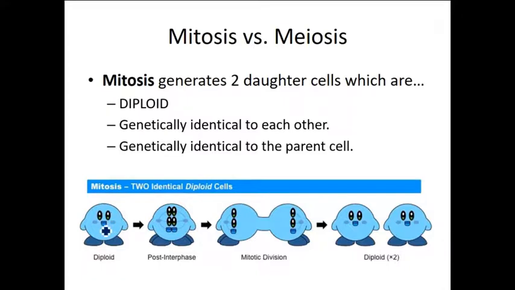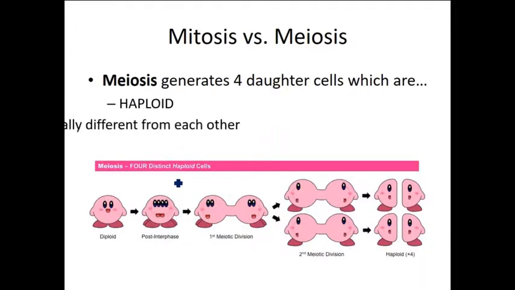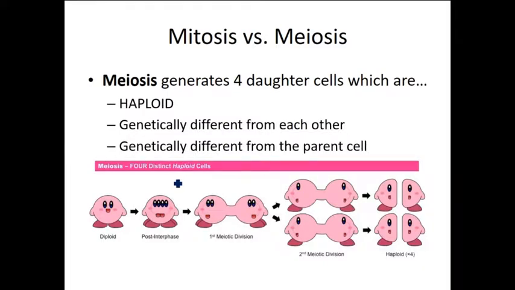Those are supposed to be the two copies of the same chromosomes. Then they're replicated, then they're divided, then you end up with two identical to the first one. Contrast that to meiosis, where at the end you get 4 daughter cells that are haploid. They are genetically different from each other, and they're genetically different from the parent cell. Now we get all this division, and here we get haploid.